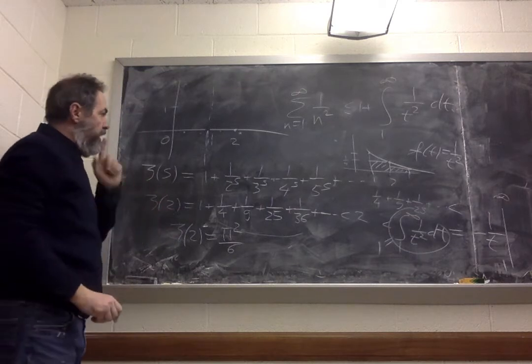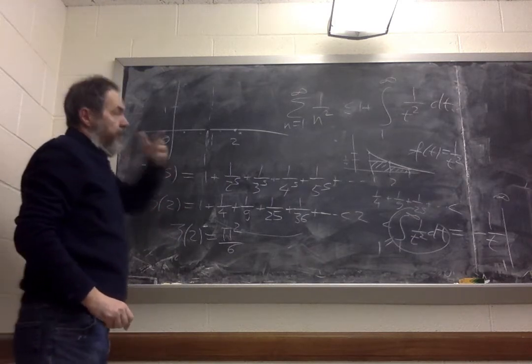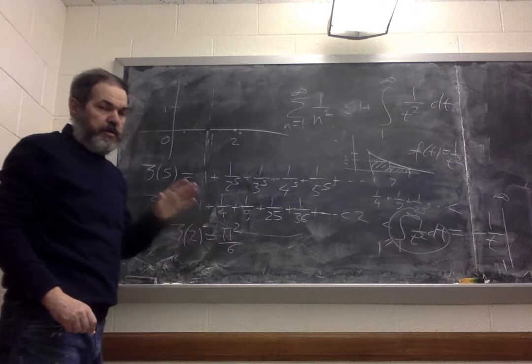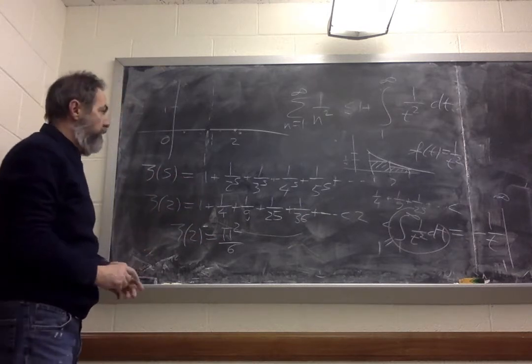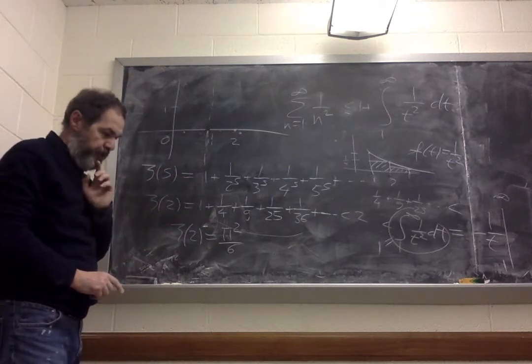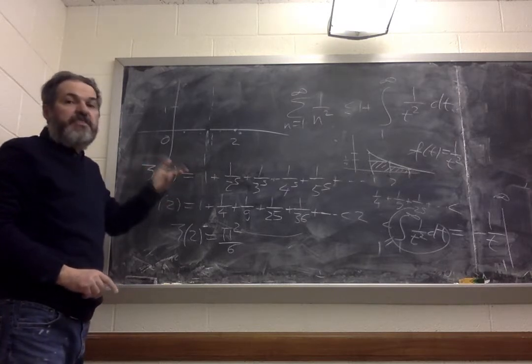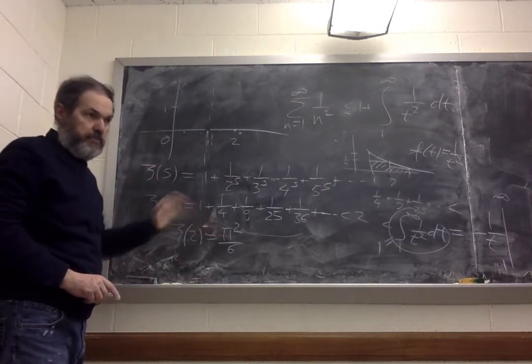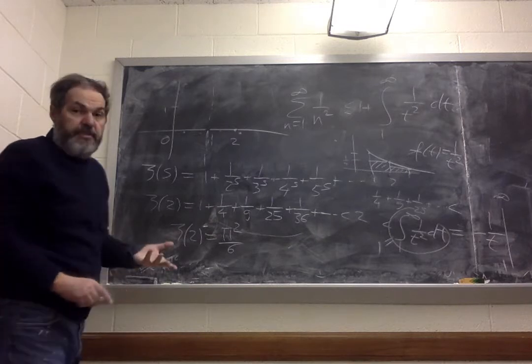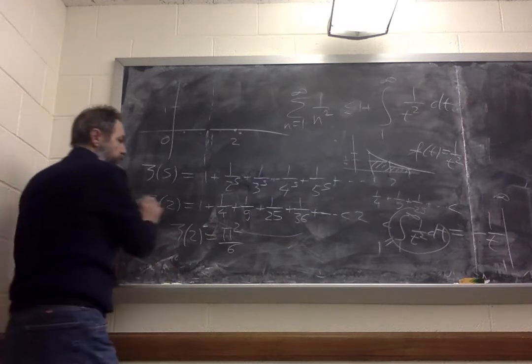Now, the so-called Riemann hypothesis is about the following question. For what values of s is zeta of s equal to 0? Can it be 0?